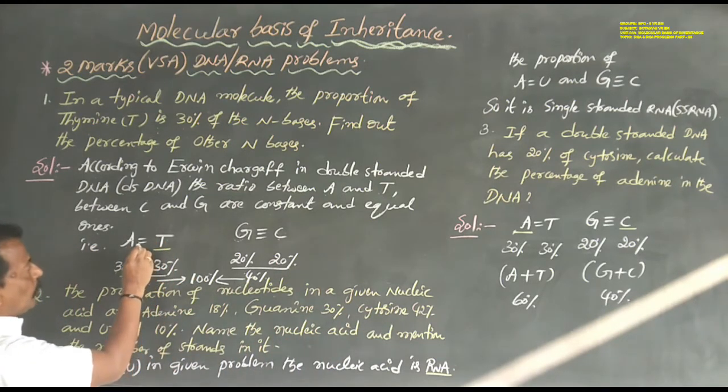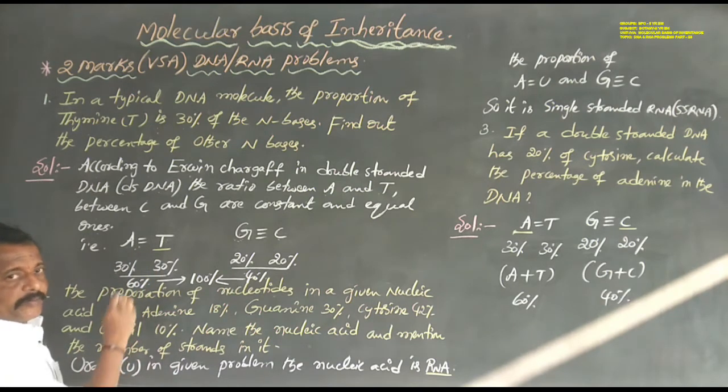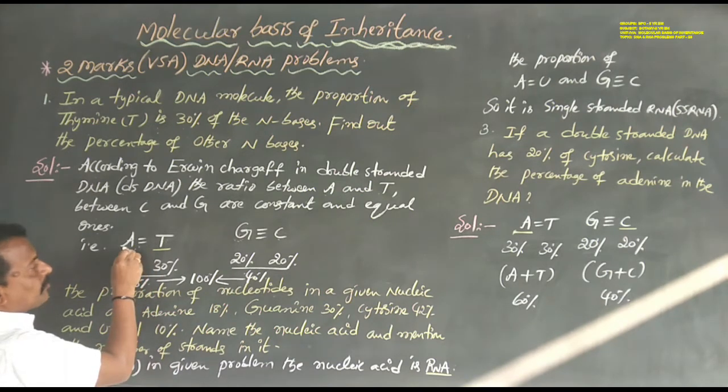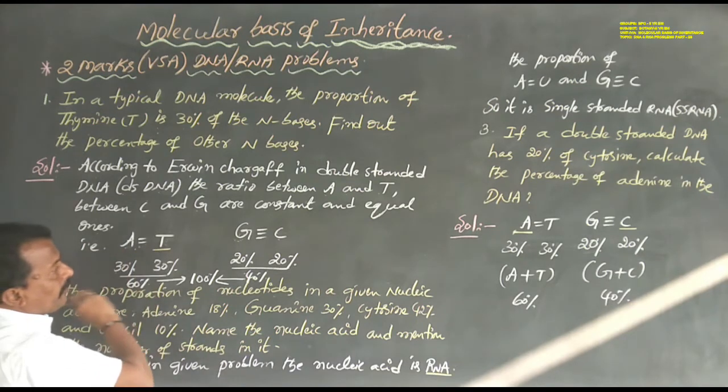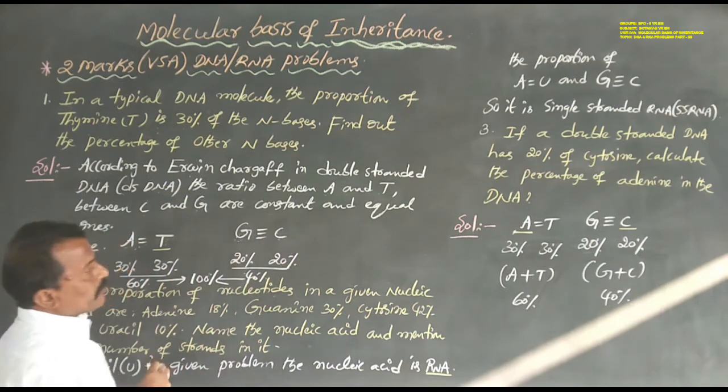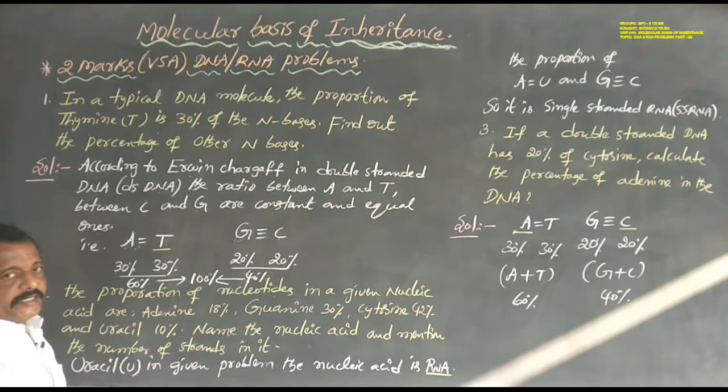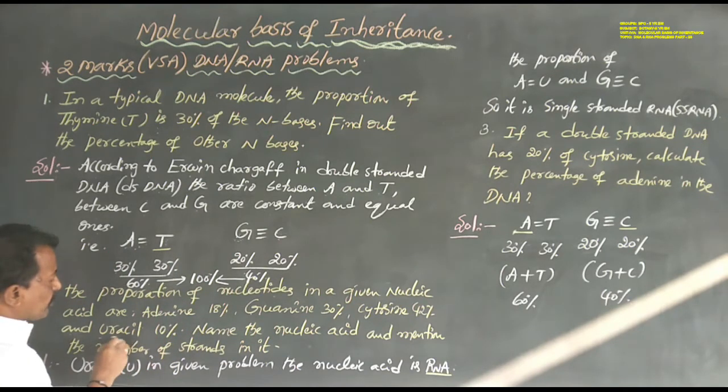According to Chargaff's principle, adenine is opposite to thymine and guanine is opposite to cytosine in double stranded DNA. But here there is uracil, and uracil is present only in RNA.